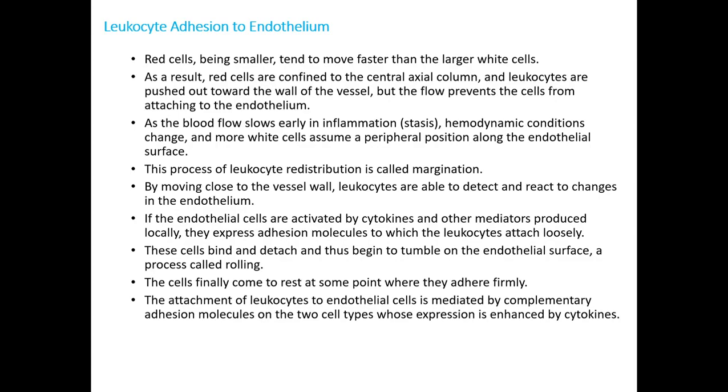So the lighter red cells move in the center of the blood vessel, while the bigger and heavier leukocytes pass also axially but peripherally, near the blood vessel wall. But the endothelial cells prevent these leukocytes from adhering to the vessel wall.